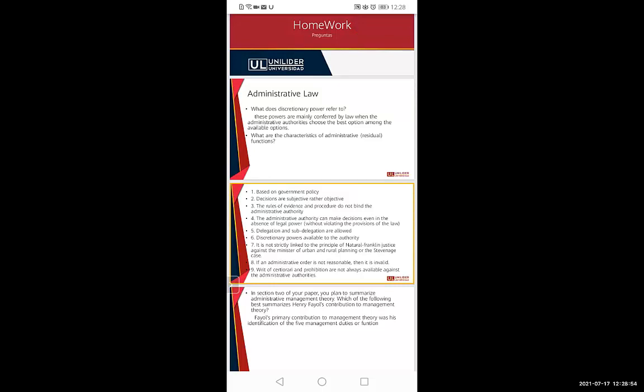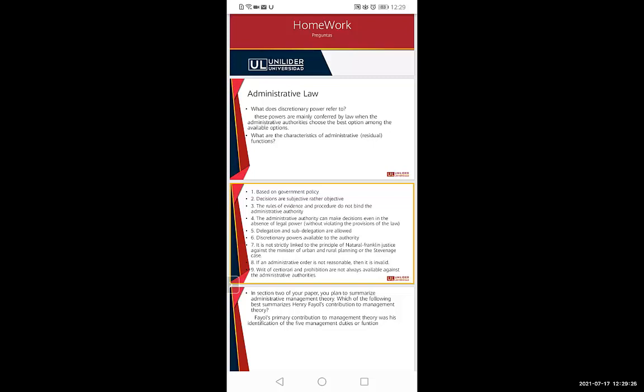Number 8, if an administrative order is not reasonable, it is invalid. Number 9, writ of certiorari and prohibition are not always, I believe, against the administrative authorities.